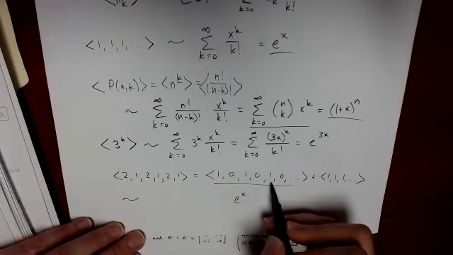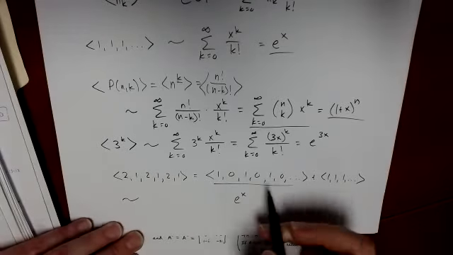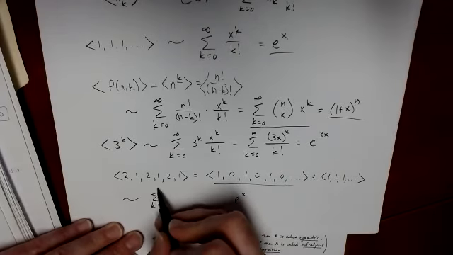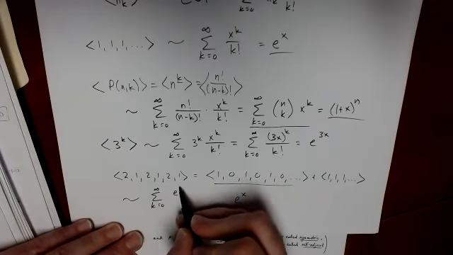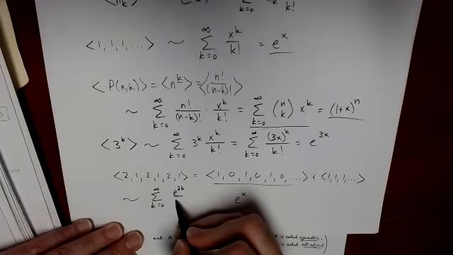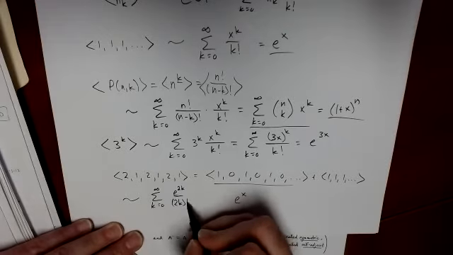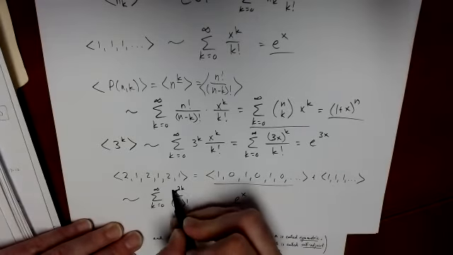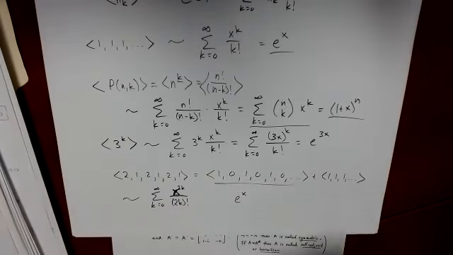But this first guy here, we only get even k. So this is the sum as k goes from 0 to infinity of x to the 2k over 2k factorial.